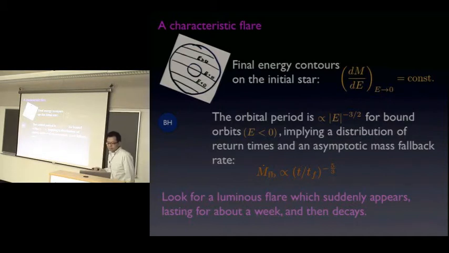The simplest case is to assume that the mass distribution over the specific binding energy is constant, and that will translate to the mass rate at which the bound material returns to the disruption radius and feeds the transient accretion disk. This is the so-called fallback rate, and it is proportional to t to the minus 5/3.